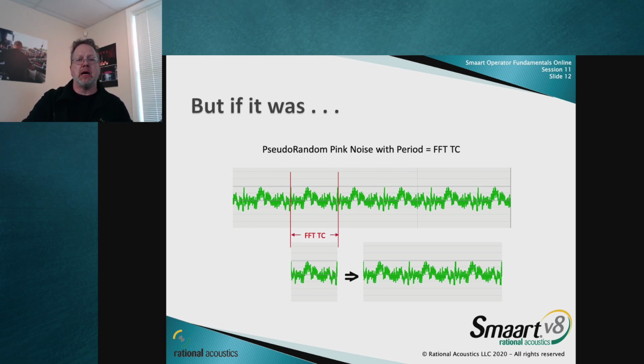So what I have up top is the pseudo-random noise. The pseudo-random noise is in fact a repeating noise, and you can see that waveform repeats itself. If we choose an FFT size chunk that's exactly the same size as the repeat of the pseudo-random noise, it turns out that any FFT sized chunk of that synchronized noise works.